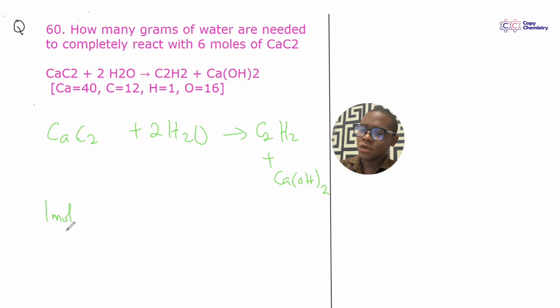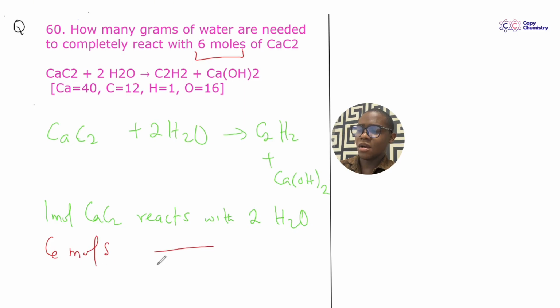So 1 mole of CaC2 reacts completely with 2 moles of H2O. We can establish that from this equation that is balanced. Alright, so if we have 6 moles of calcium carbide, 6 moles of this guy, it should react with X, and then X will just be 6 multiplied by 2, and that will be 12 moles.